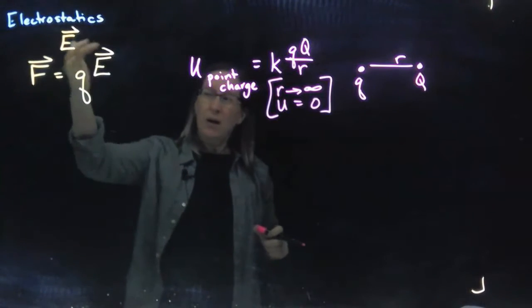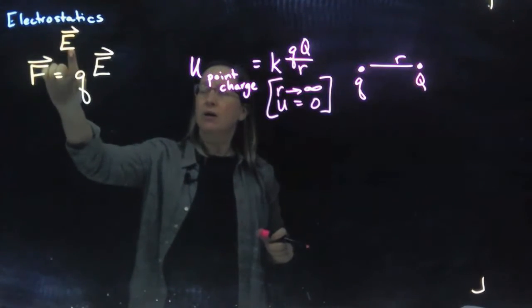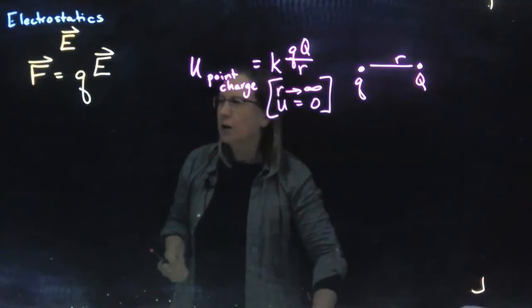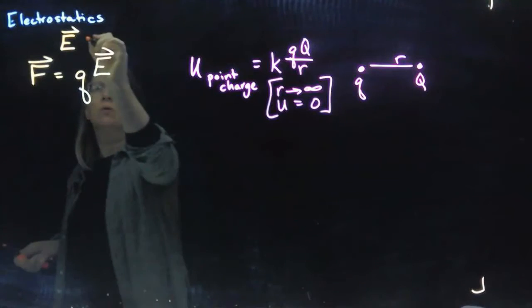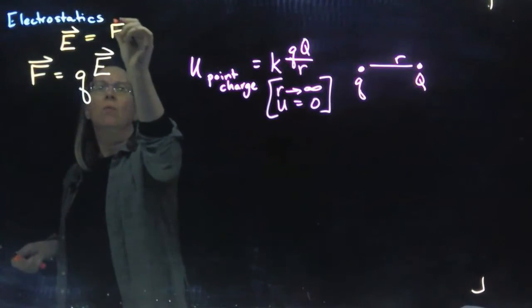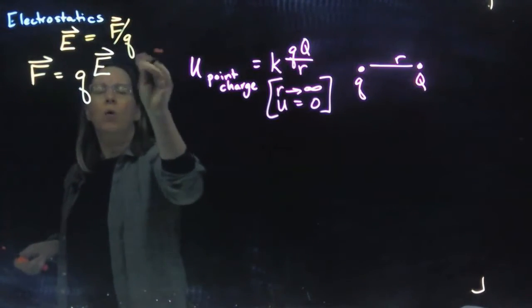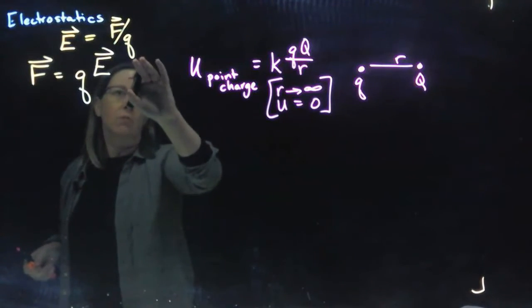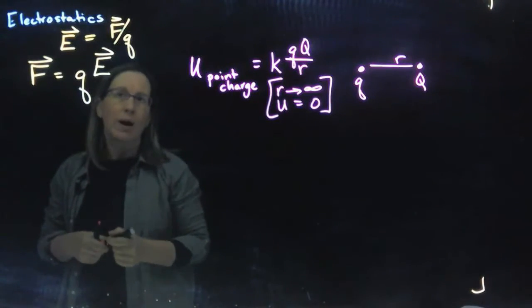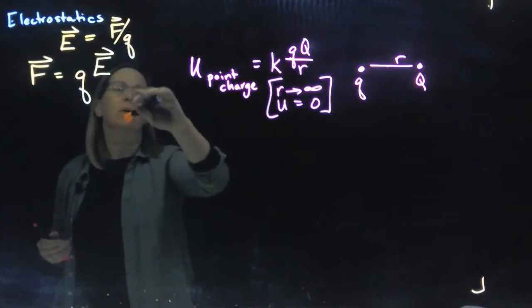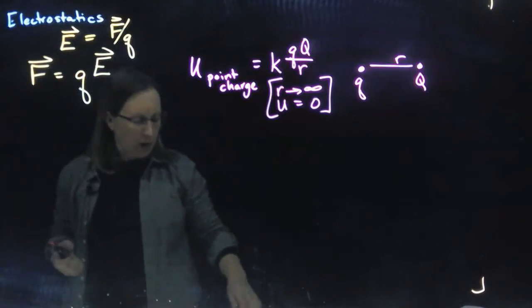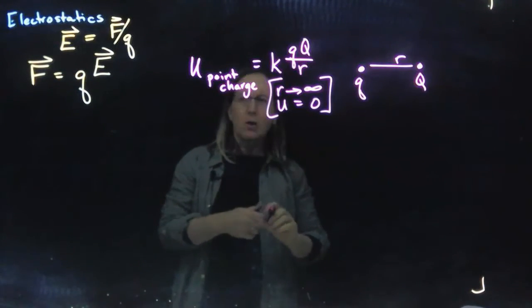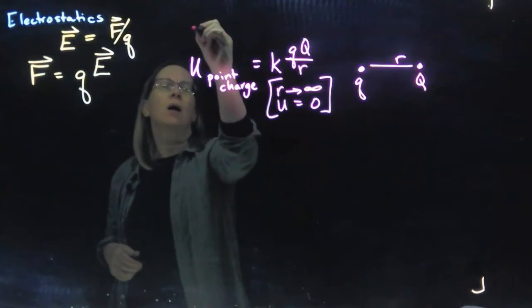But we spent a lot of time talking about electric field, because we said electric field is sort of what we imagine when we take the force. We say, what would be the force if we had removed this small q? And so there is something equivalent to this where we divide by q, and we call it the electric potential.